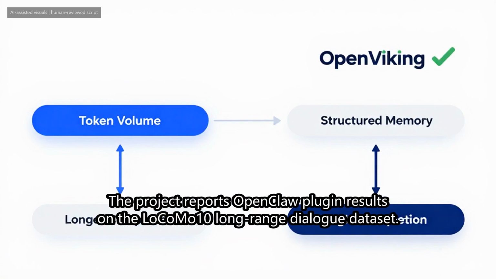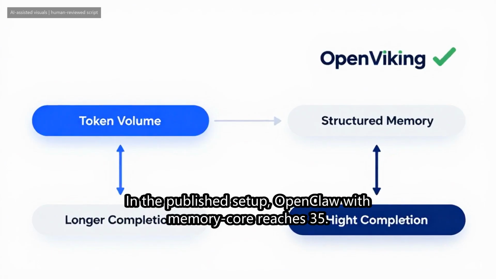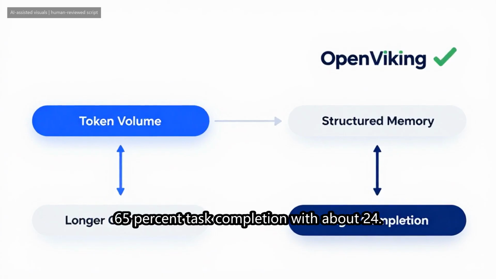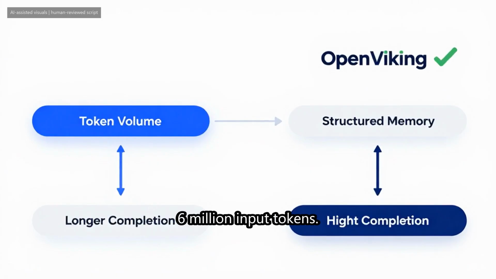The project reports OpenClaw plugin results on the LoCoMo long-range dialog dataset. In the published setup, OpenClaw with memory core reaches 35.65% task completion with about 24.6 million input tokens.